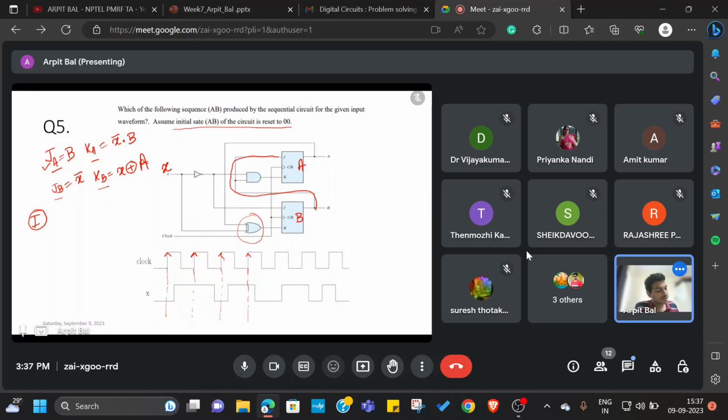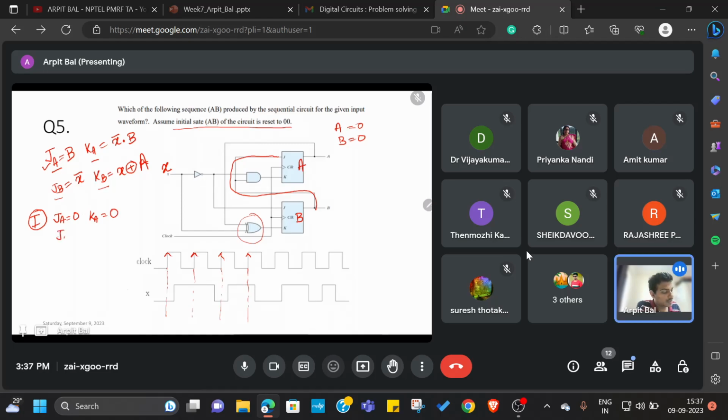So for the first clock edge, what should be my JA and KA? Given that A is equal to 0 and B is equal to 0 initially. 0, 0. Okay, that is correct.